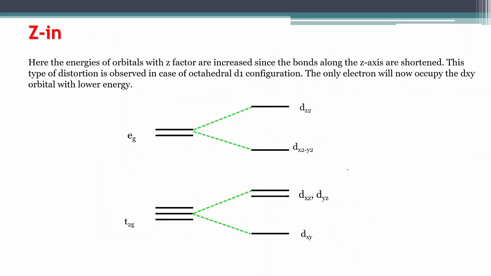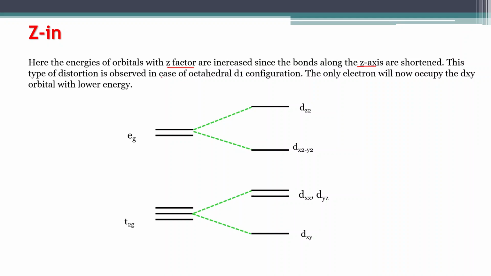And when it comes to splitting, the energies of the orbitals with z factors are increasing since the bonds along the z axis are shortened. We know the axis is shortened, so the repulsion is more there. The orbitals with z factors will have higher energy compared to the xy.